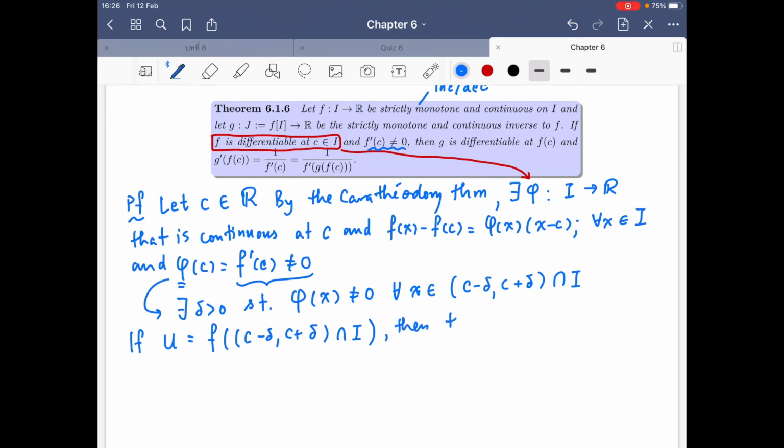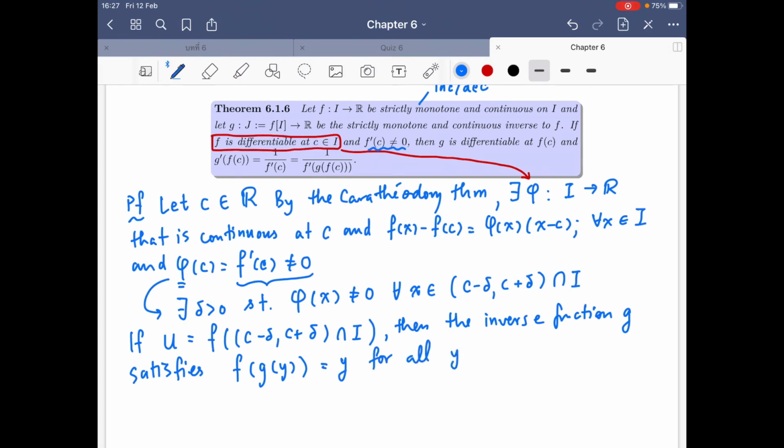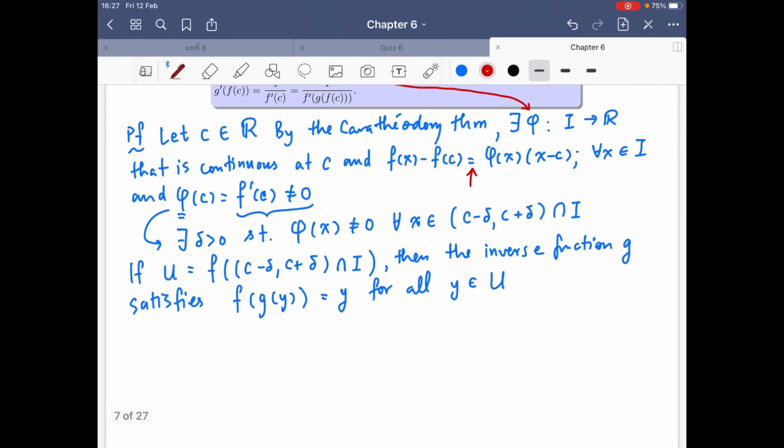Then this inverse, which we call g, will satisfy the property that f composite g, the f and the f inverse attached together by composite, will give you the one inside, for each and every y in U. We are going to use this property that we established over there, but we need to involve g.